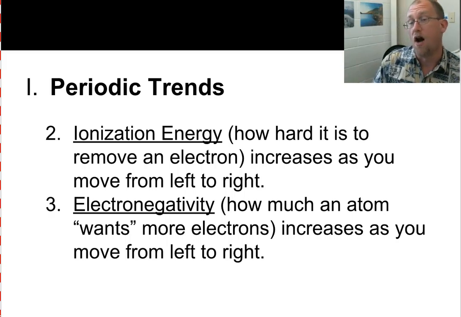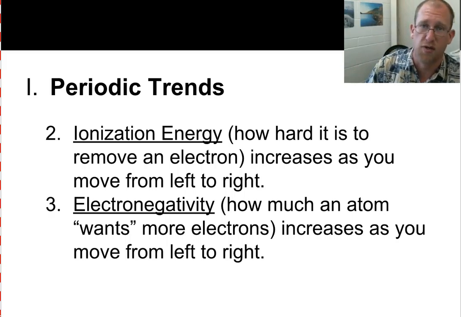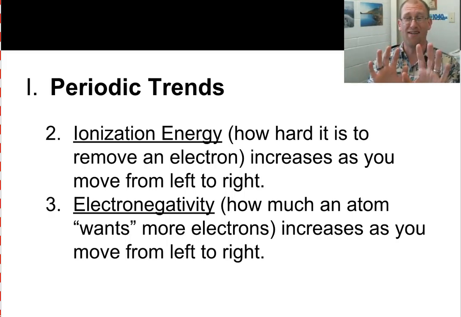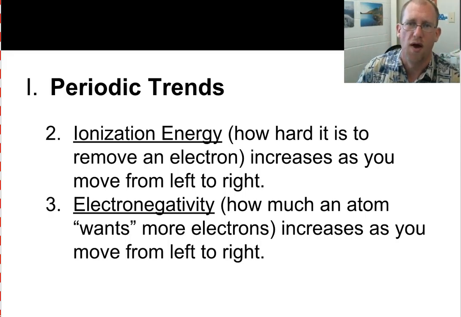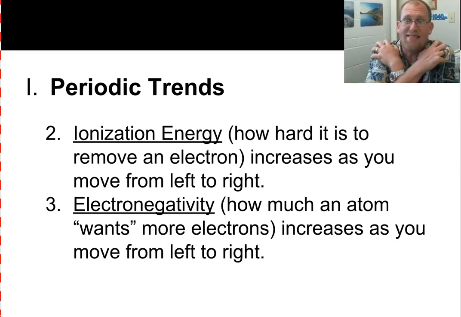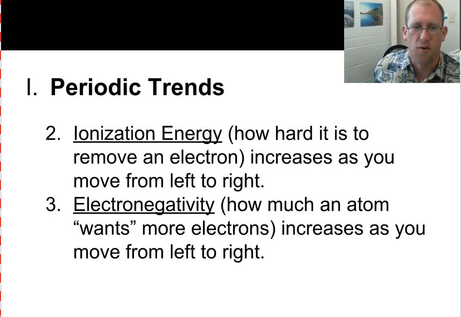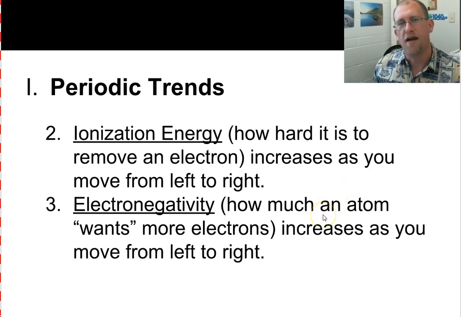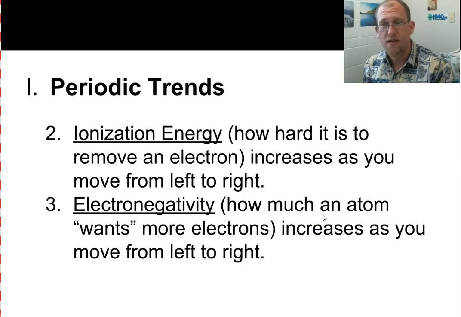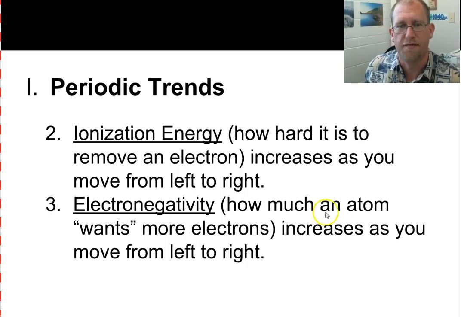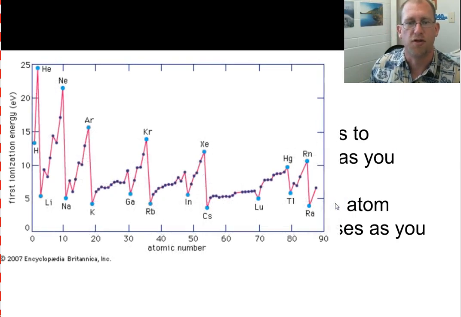So on the left side of the table, very low electronegativity. Get rid of this thing. I don't want it. You can have it. Over on the right side of the table, I want it, I want it, I want it. It's my precious, as Gollum would say, right? Okay. So electronegativity increases, and ionization energy increases, as you go across the table from left to right. Let's look at some pictures for this.